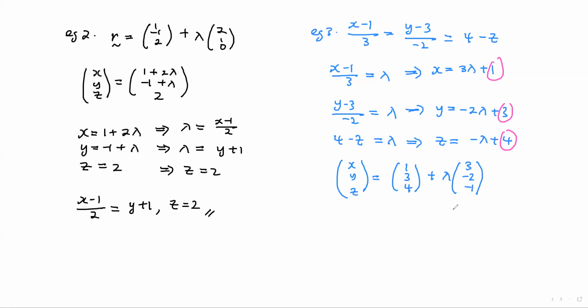Okay, so let's look at one last example. Okay, so again, we have a Cartesian form. Okay, so (y minus 4) over 2. Okay, so you realize that there's a comma here, right?